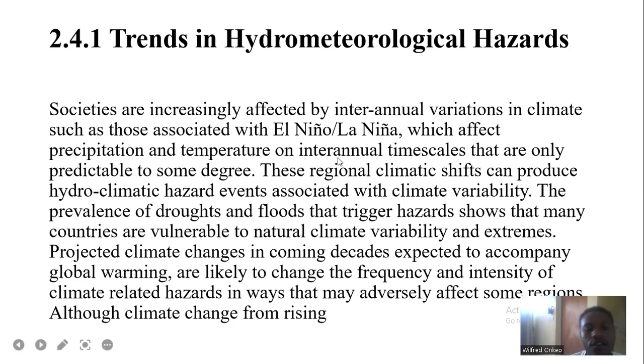The prevalence of drought and flood hazards shows that many countries are vulnerable to natural climate variability. Projected climate change in incoming decades, expected to accompany global warming, is likely to change the frequency and intensity of climate-related hazards in ways that may adversely affect some regions.